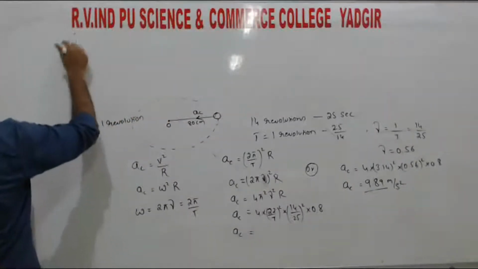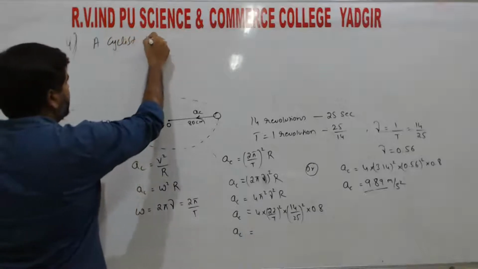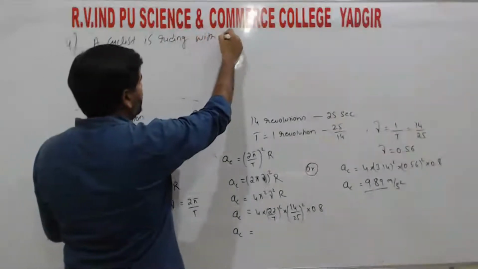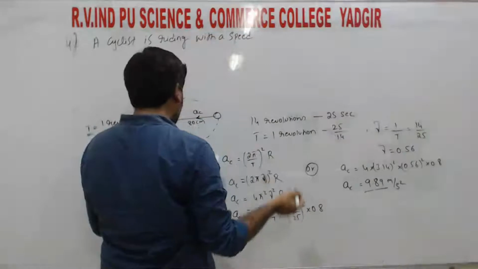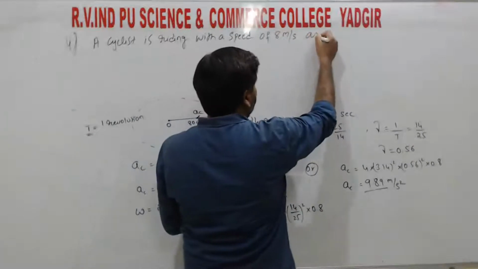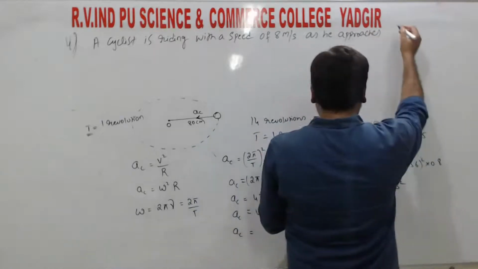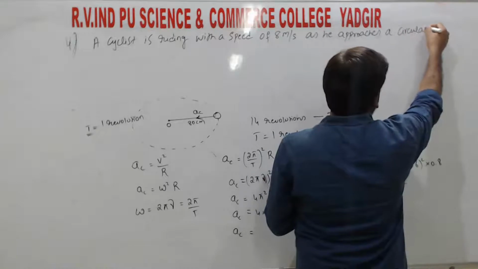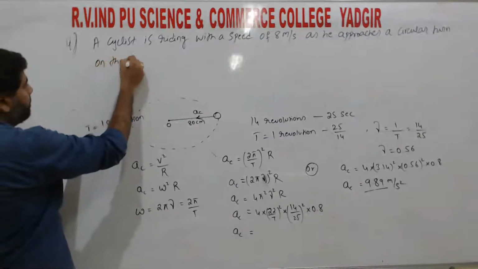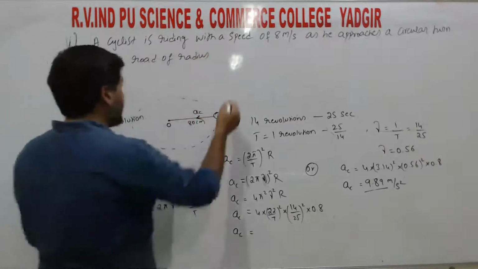The next problem: a cyclist is riding with a speed of 8 meter per second as he approaches a circular turn on the road of radius 80 meter.